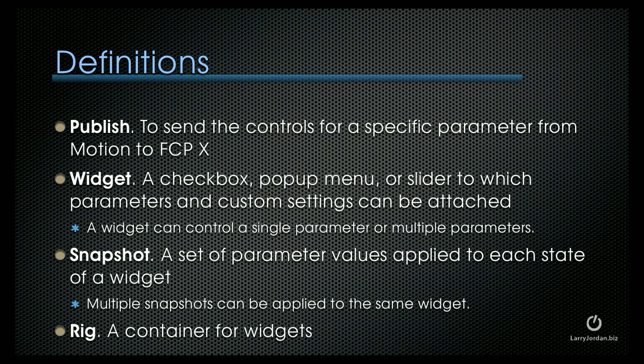A widget is the control. The snapshot is the settings that go into the control. Multiple snapshots can be applied to the same widget. And a rig is a container for widgets. A widget is a single checkbox, pop-up menu, or slider, which has settings determined by snapshots, and all the widgets together are collected inside a rig.